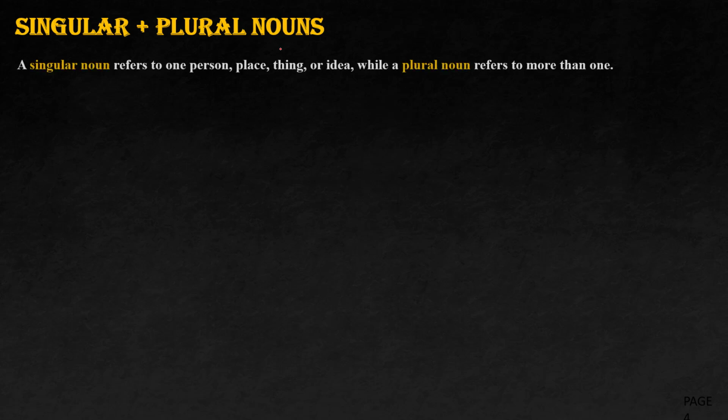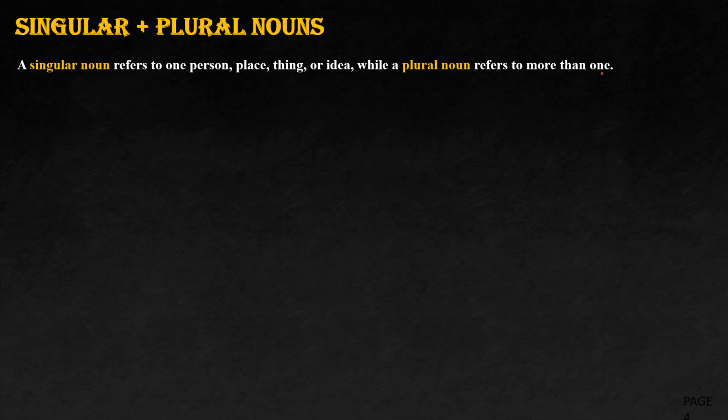Now, when it comes to the nouns, again we have divided these nouns into two types. One is the singular form, the second one is the plural form. A singular noun refers to one person, one place, one thing, or an idea, while a plural noun refers to more than one.